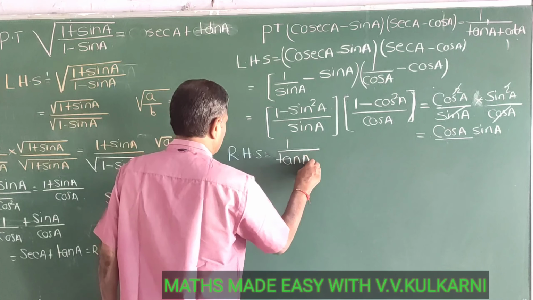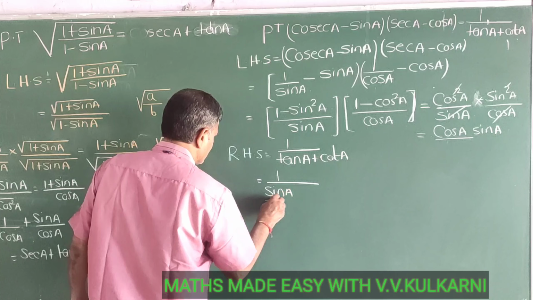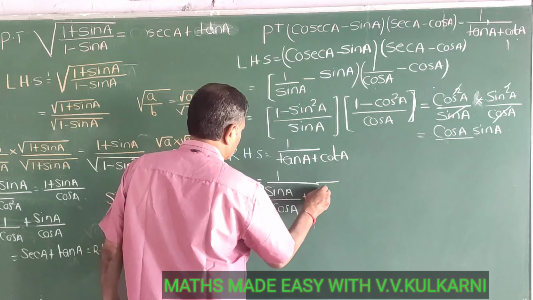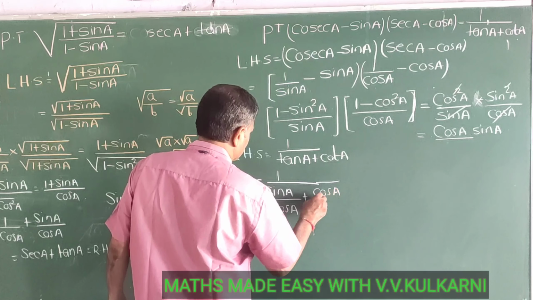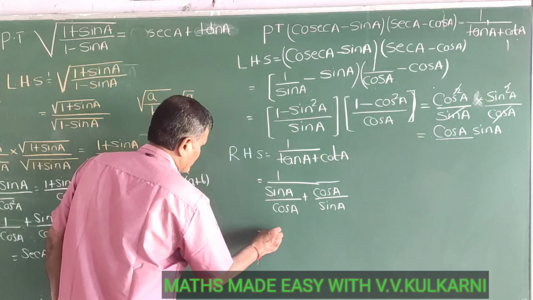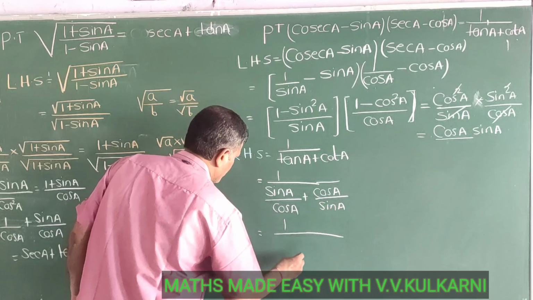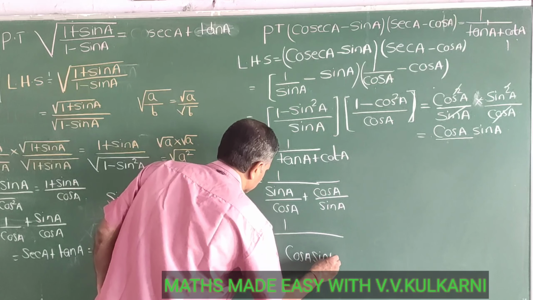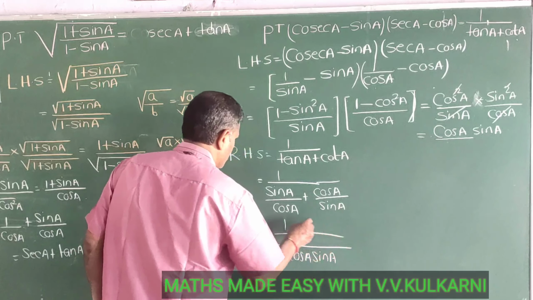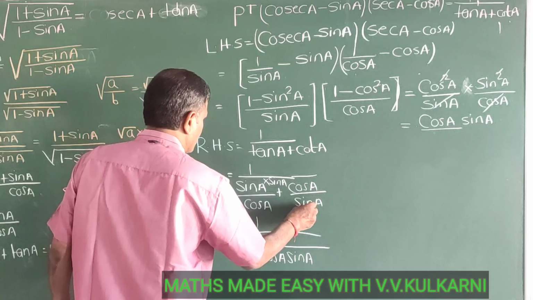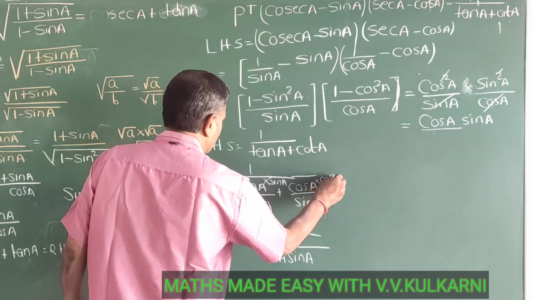This can be written as 1 by, tan a is sin by cos and cot is cos by sin. So if I take the LCM here, what am I going to get? I am going to get cos a and sin a in the denominator. And in the numerator, since cos a is there, I have to multiply by sin a, and since sin a is already there, I have to multiply by cos a.